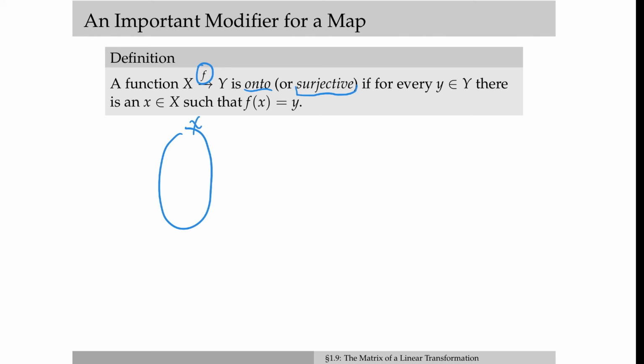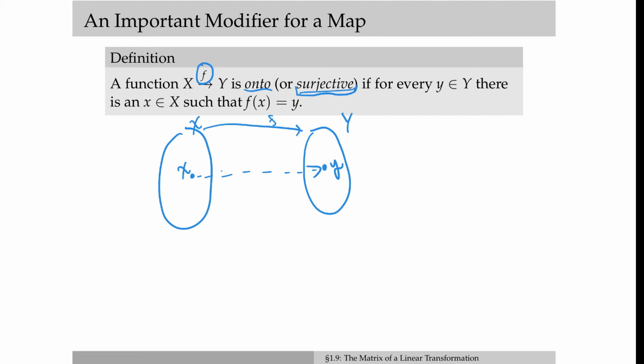There's X, there's Y, and f is our map between them. Okay? So I'm saying this particular map f here is surjective if no matter what value I pick over here, I can find something over here that actually mapped to it.